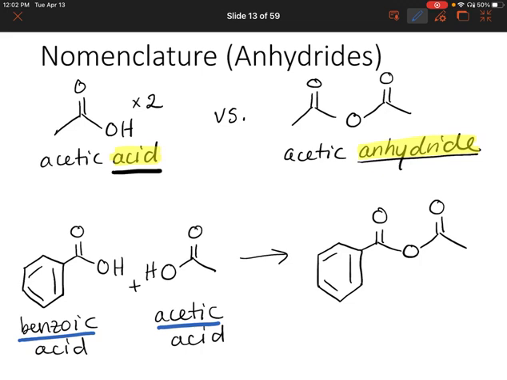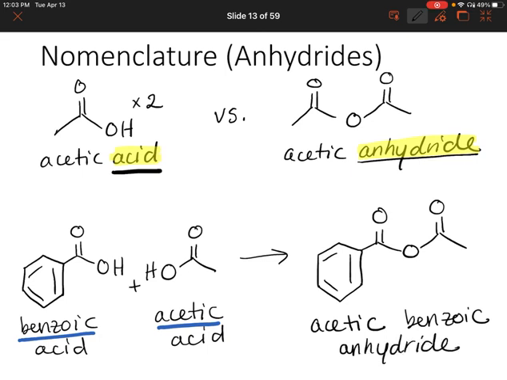So again, as usual, we want to alphabetize. So we're going to start with acetic, followed by benzoic, and then instead of acid, we're going to use the word anhydride. So this molecule is acetic benzoic anhydride.